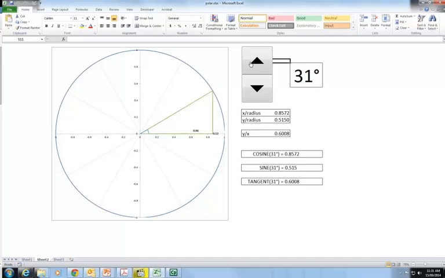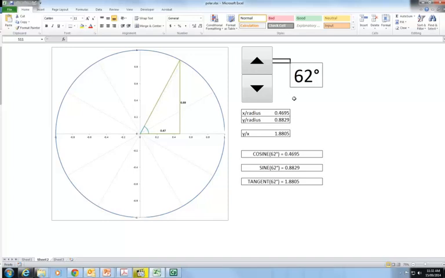We also have a ratio between the amount across, the x value, and the radius. Now, the radius in my case is 1, and that ratio, the amount across divided by the radius, is unique for each angle. And the amount up, the y value, divided by the radius, is unique for each angle.